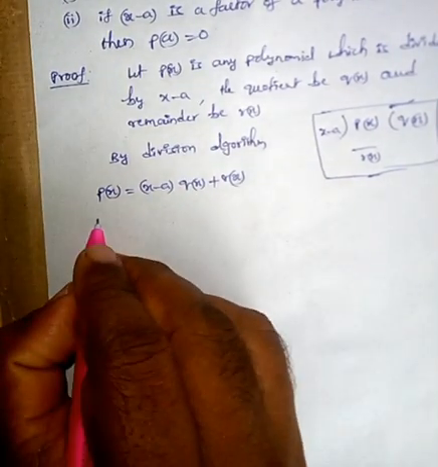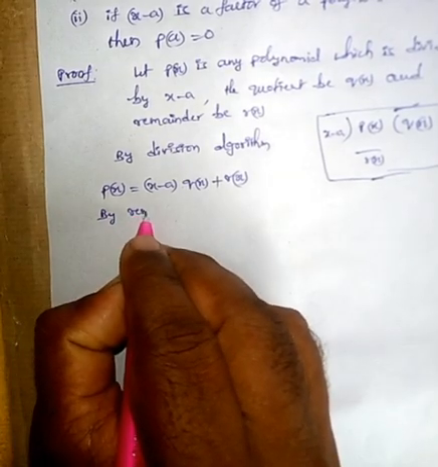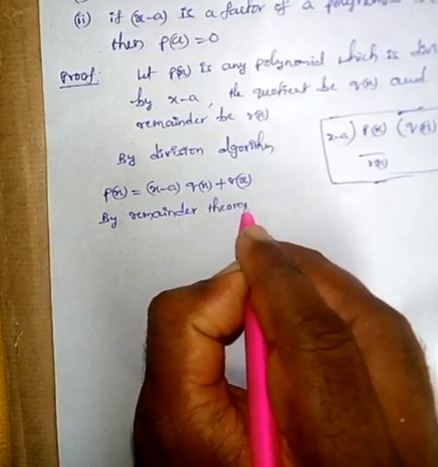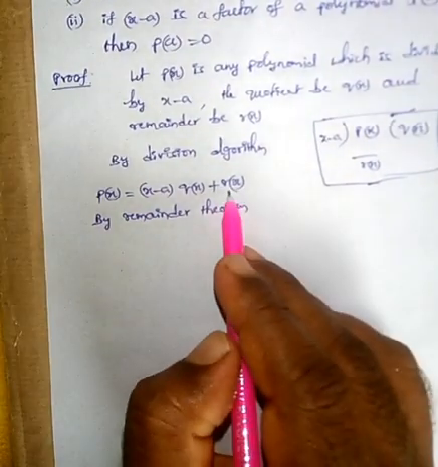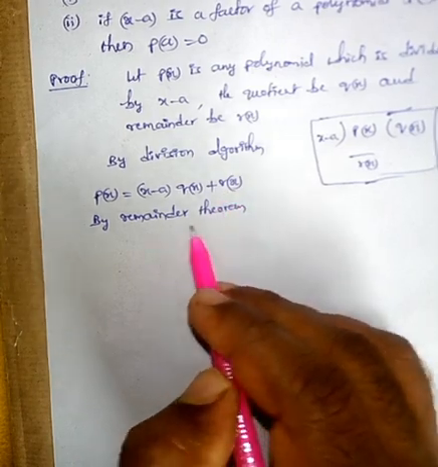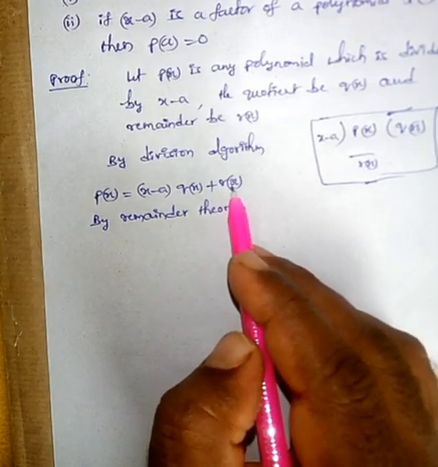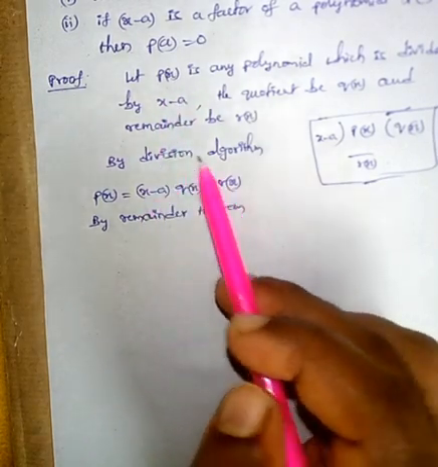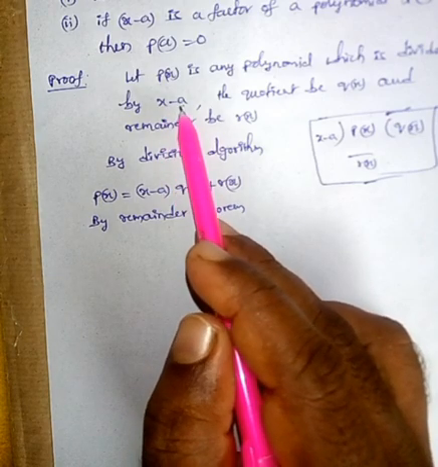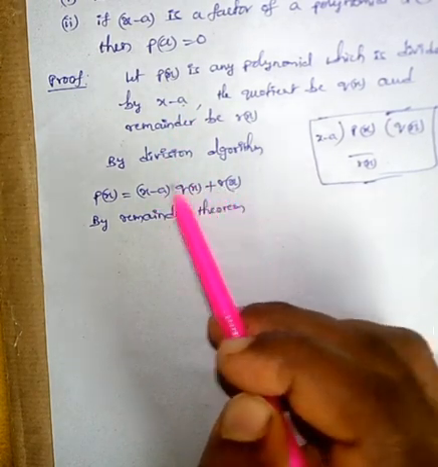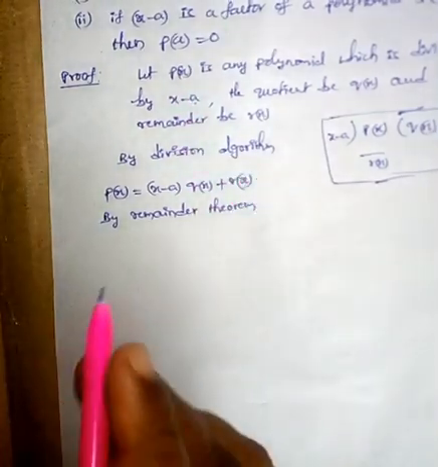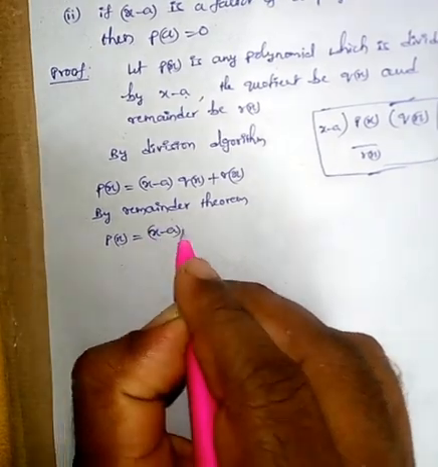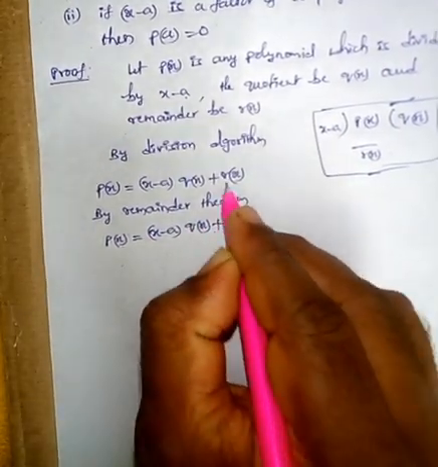So by the remainder theorem, we have to substitute a in the place of x. Okay, that is, by the remainder theorem, p(x) equals (x minus a) into q(x) plus the remainder, that means p(a).